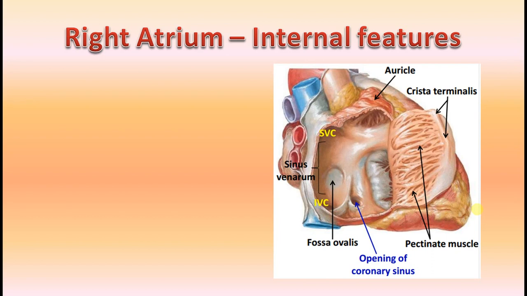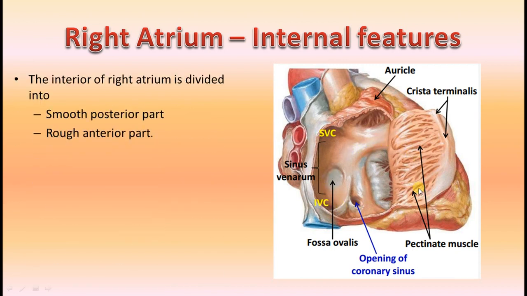So here you can see a part of the atrium is actually cut open to visualize its features. Now you are actually seeing the interior of the right atrium. The interior of the right atrium basically is divided into two parts, an anterior rough part and a posterior smooth part.